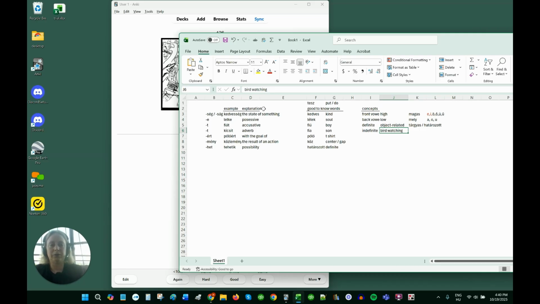It's the type of watching you're doing. Rather than watching that particular bird, that bird that I am watching, now the object is suddenly very important, and it's not just an adjective of the type of activity, it's something that you're now focused on. So if you're focusing on what kind of object it is because it's very specific and explicit and you're pointing it out, then you use the definite.